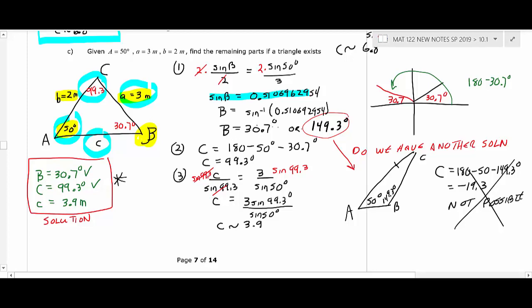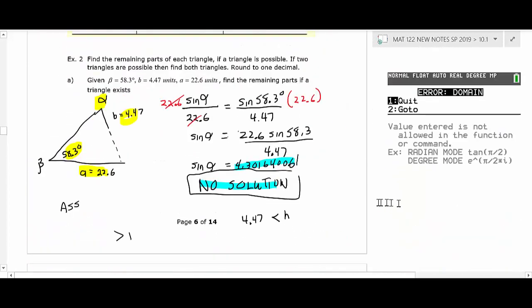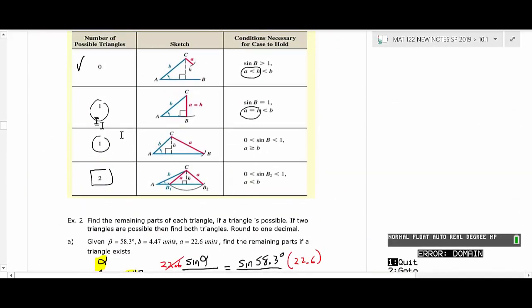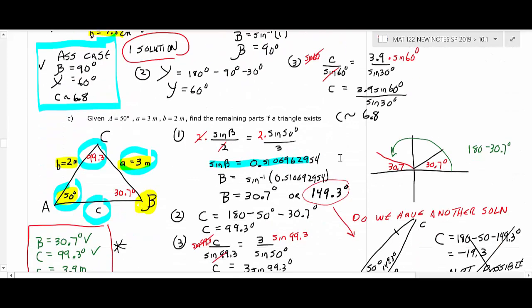So when you get these two angles, either it will work and give you a sensible third angle, or it won't. Okay, so if you go back to this previous page, this is the one I just did here. If you crunch this out, you would find this side's bigger than that side, and then the sine of that angle was between 0 and 1.